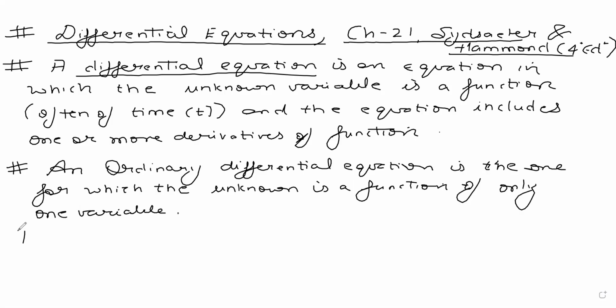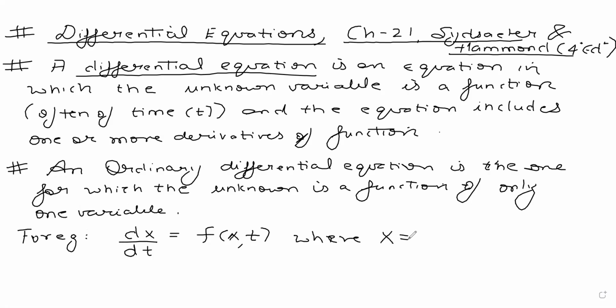So we can write, for example, dx by dt is a function of x and t, where x itself is a function of t, is the unknown variable. Okay, so clearly you can see that this is a typical differential equation.